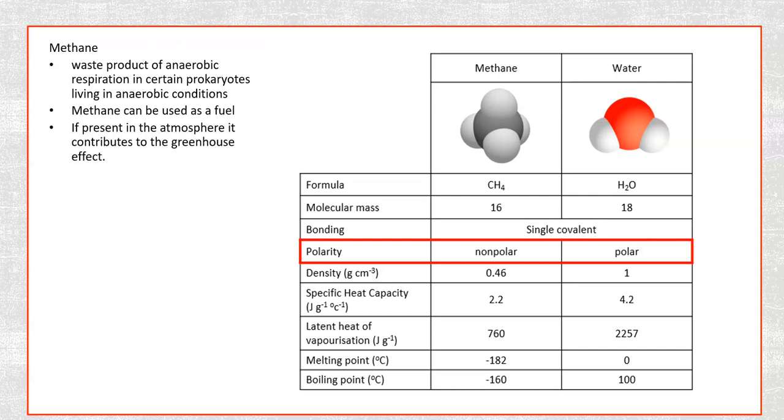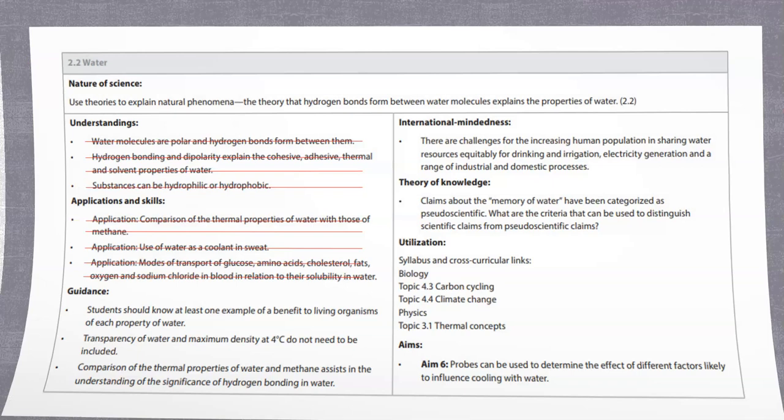Methane is a waste product of anaerobic respiration in certain types of prokaryotes living in anaerobic conditions. Methane can be used as a fuel. If present in the atmosphere, it does contribute to the greenhouse effect.